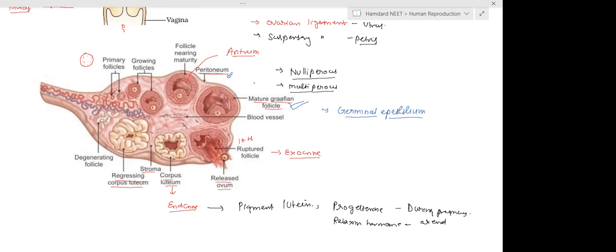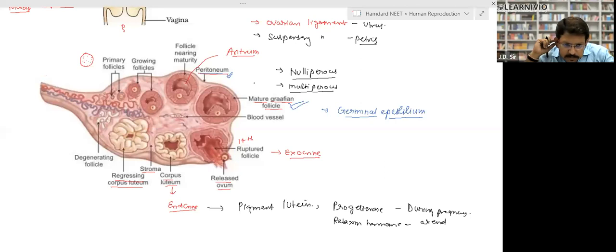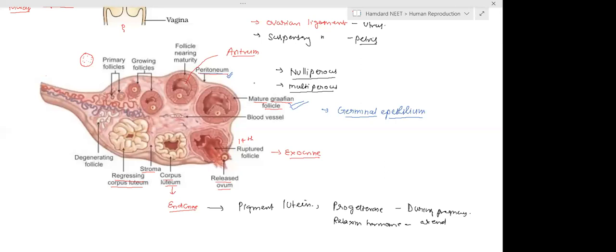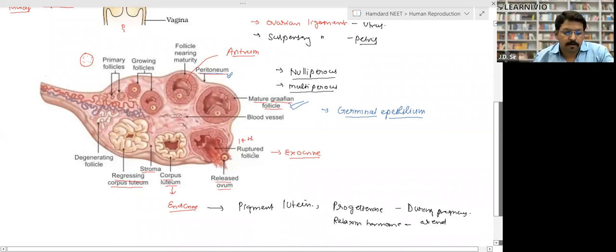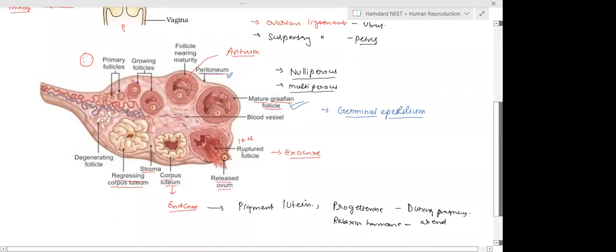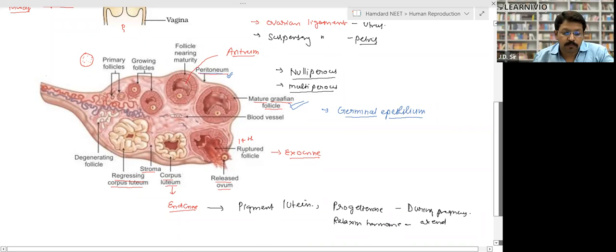Sir, can you repeat again after 14 days? After the 14th day, or sorry, on the 14th day, the Graafian follicle ruptures and releases the ovum.